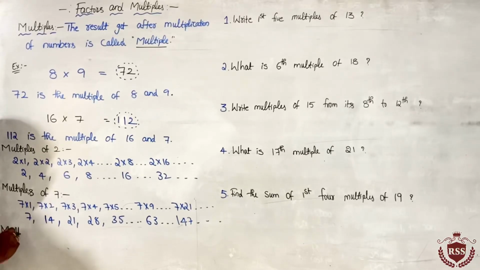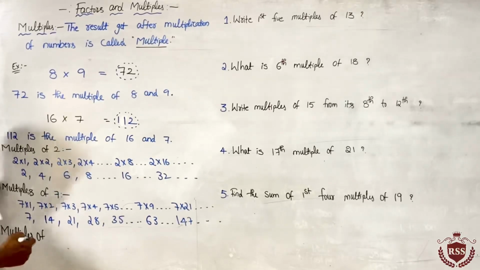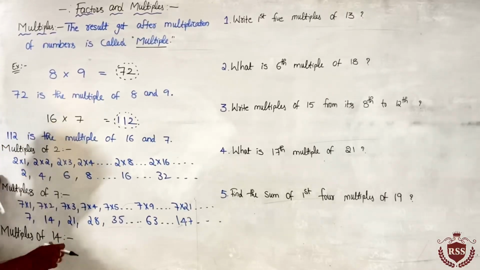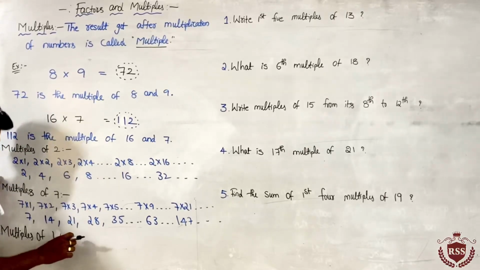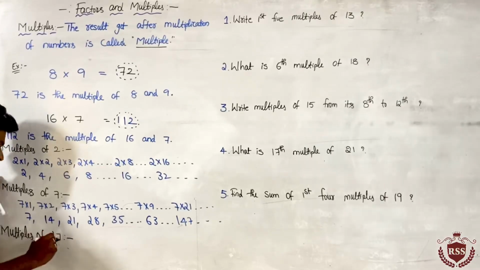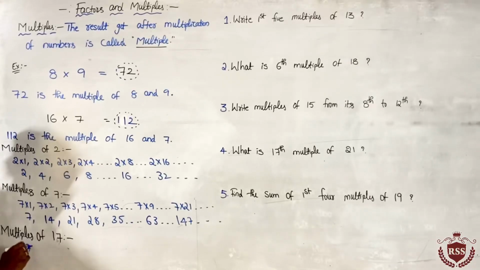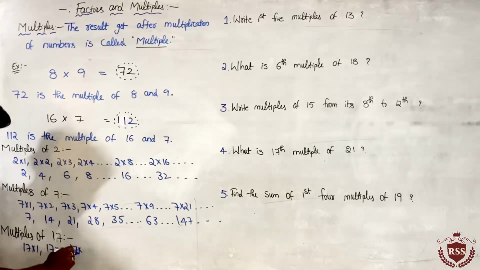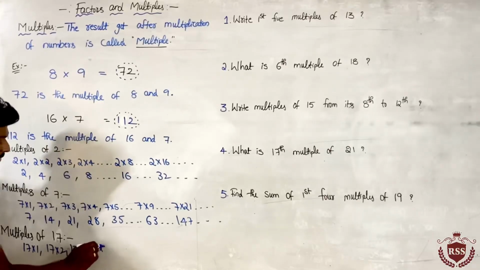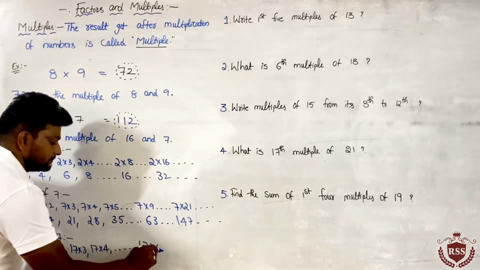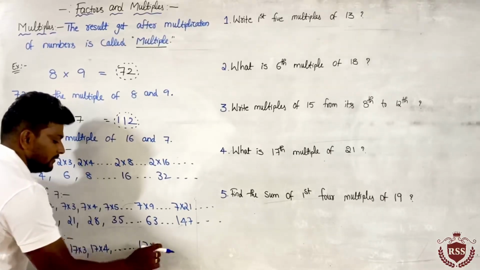For example, you can consider any number, multiples of 14, or I can consider the multiples of 17. To write multiples of 17, it is 17 into 1, 17 into 2, 17 into 3, 17 into 4 and so on, 17 into 6 or 17 into 11.